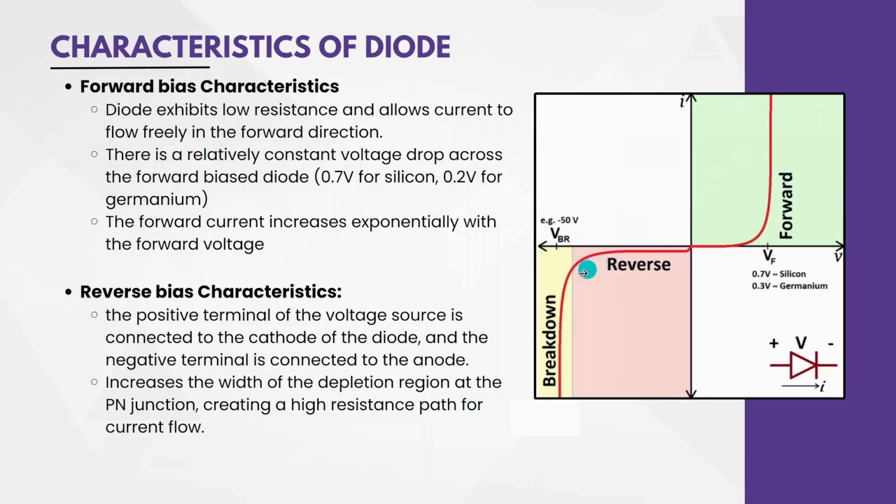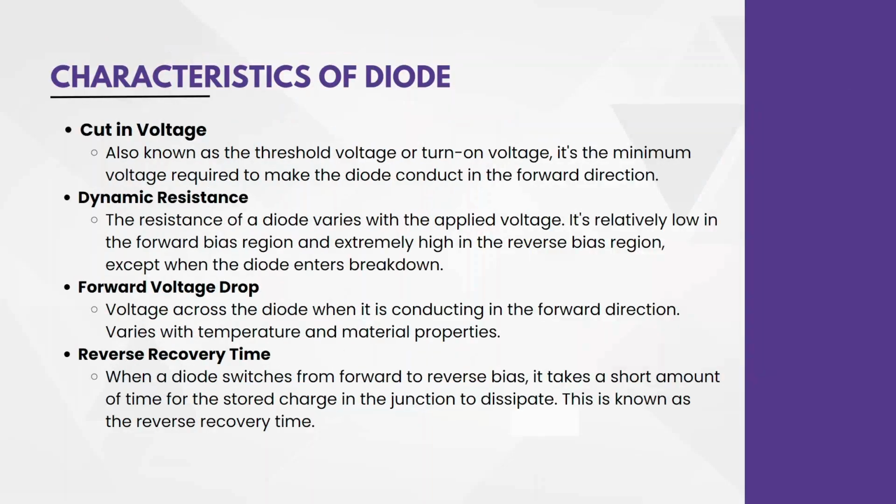Similarly, in the reverse case also, the reverse current of the diode increases and after some point, breakdown occurs and the reverse current increases exponentially. Now let us understand other characteristics of a diode.